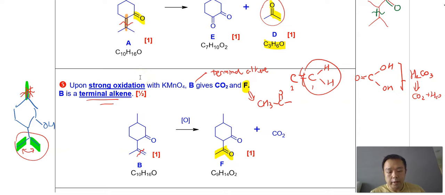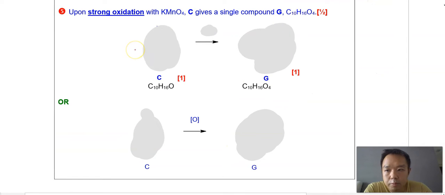Okay, moving on to the last compound, C. In the case of C, you can see that there is no loss of carbon. C has 10 carbons, C10H16O, and after it oxidizes, there's no loss in carbon.